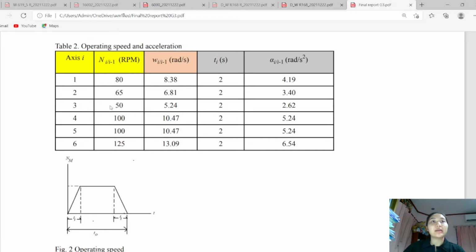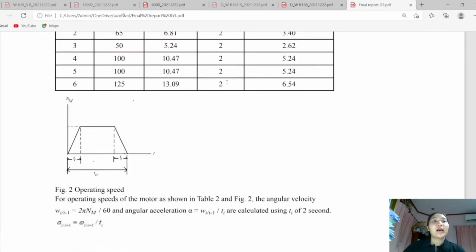Axis 3, we use 50 rpm. And axis 4 and axis 5, we use 100 rpm. And the last, axis 6, we use 125 rpm. And we define Ti for calculation as 2 seconds.